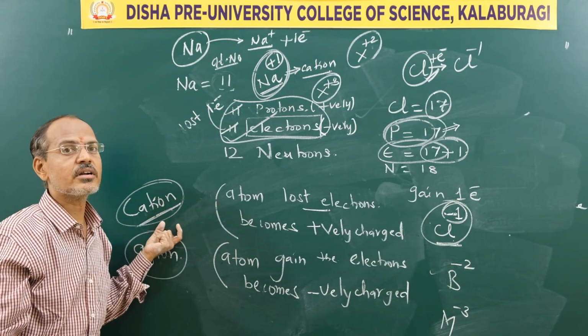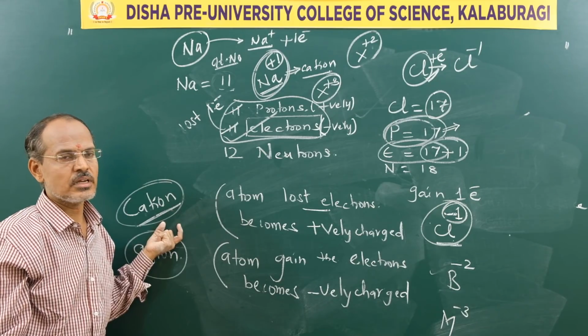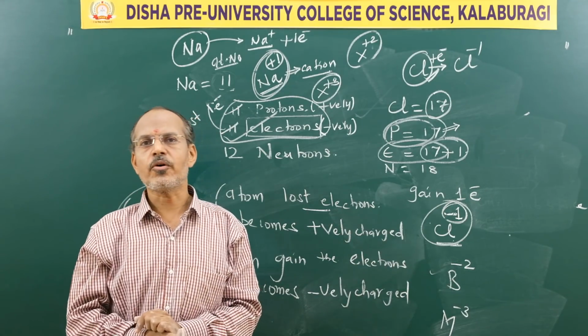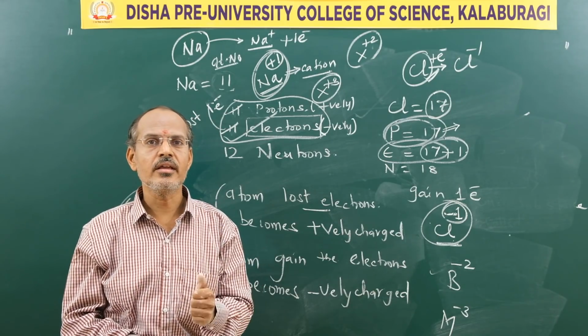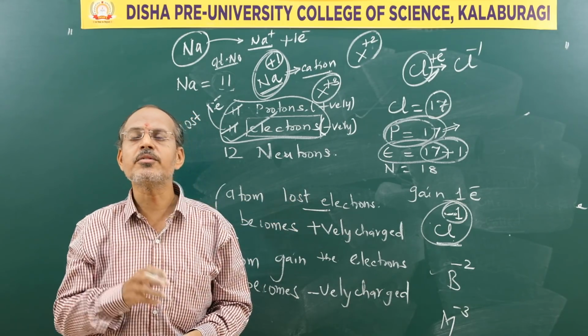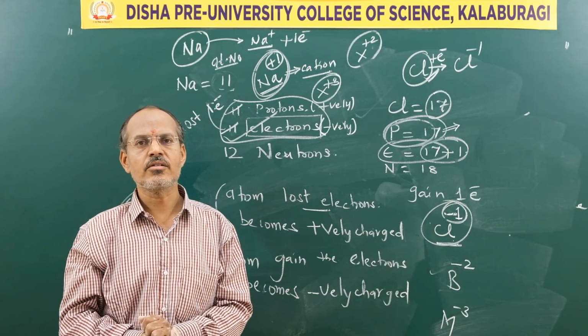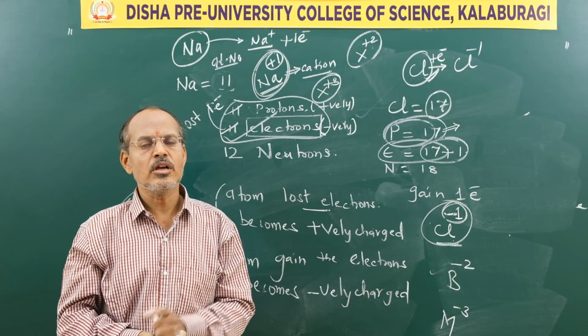Okay, so this is about accepting as well as donating or giving electrons. That is what we call the ion concept. Now the second point. What is the necessity? Why are they ready to accept or donate, give off their electrons?